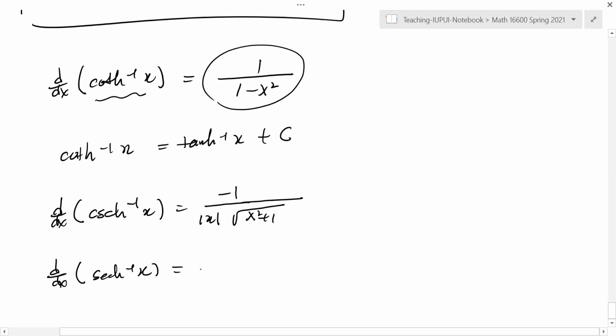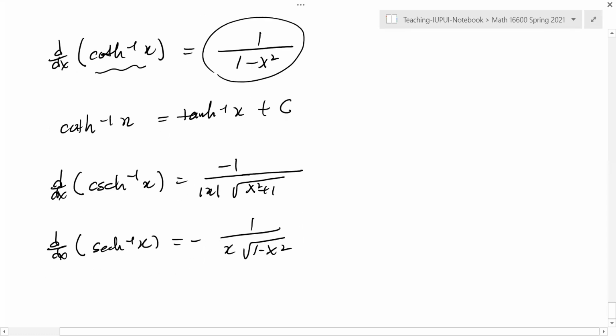Then this one is slightly different. This is x times the square root of 1 minus x squared. So there's an additional term, x, in front of this.